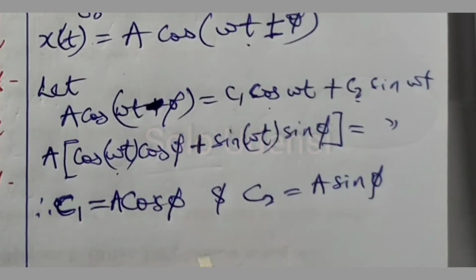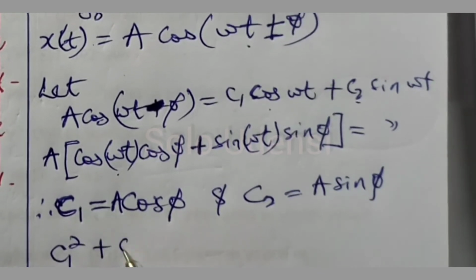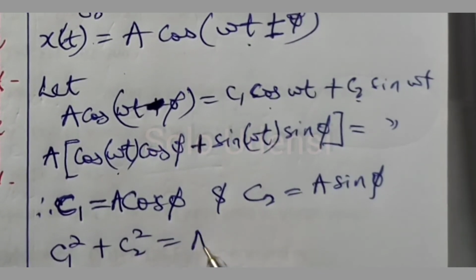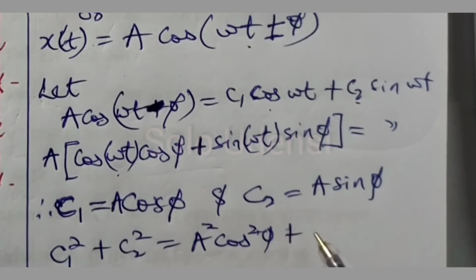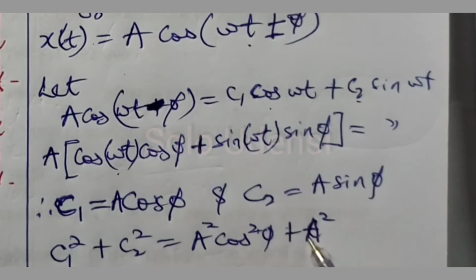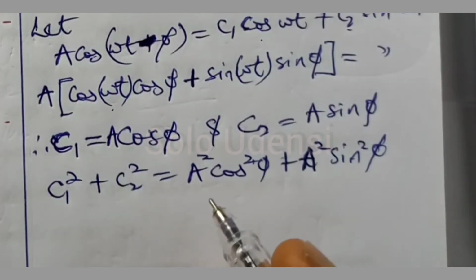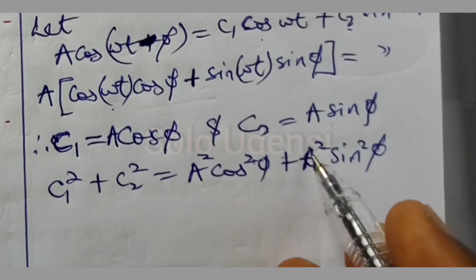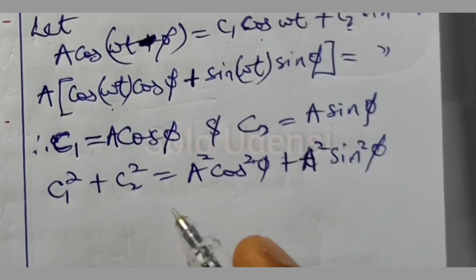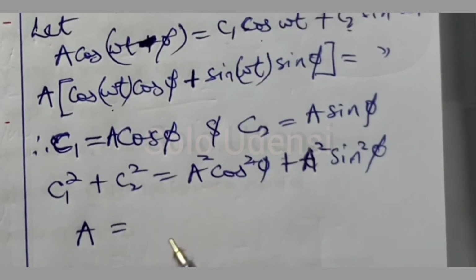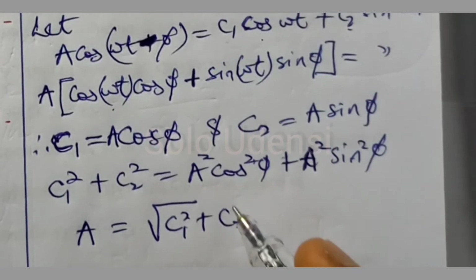So from here you see that if we do c1 squared plus c2 squared, we have a squared cos squared phi plus a squared sine squared phi. If we factor this, it will be a squared into this plus this one. So a is equal to square root of c1 squared plus c2 squared.